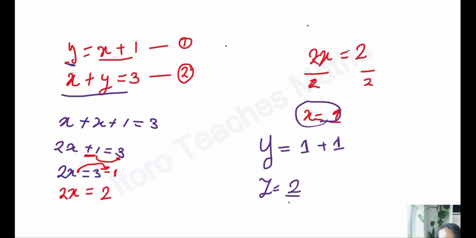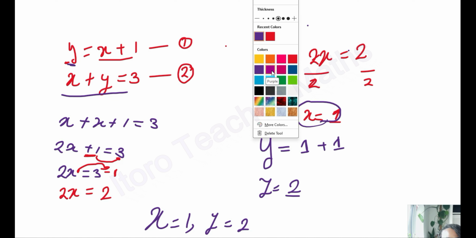Now that we've solved our equation, we know that the final answer is x equals 1 and y equals 2. And I always say check it back by replacing these things in both equations. So let's find some space somewhere else to do that, and let's do it in a lovely pink color.